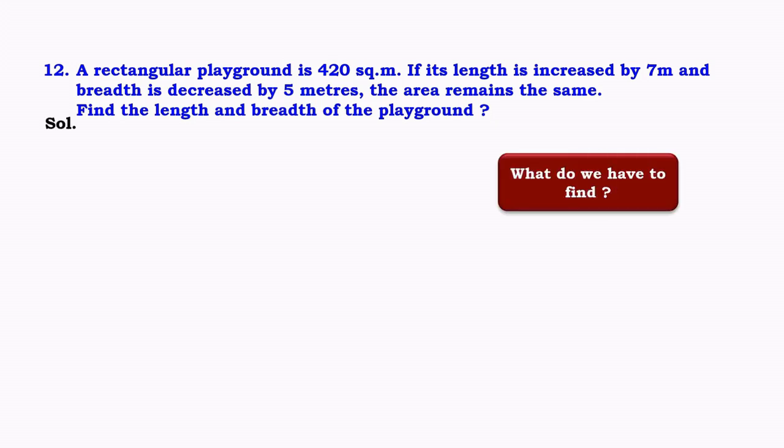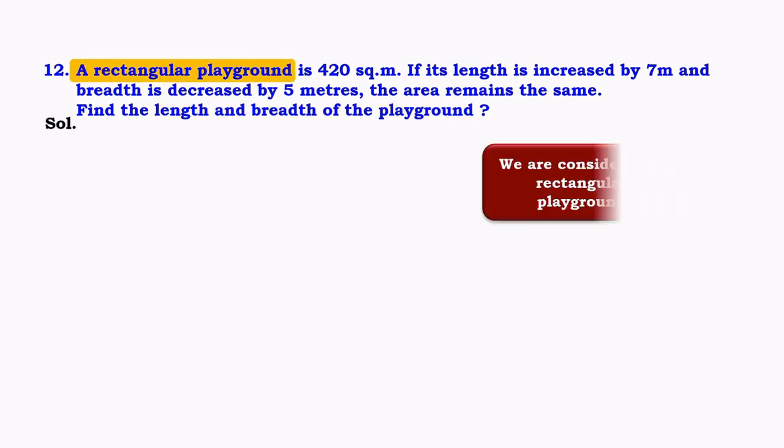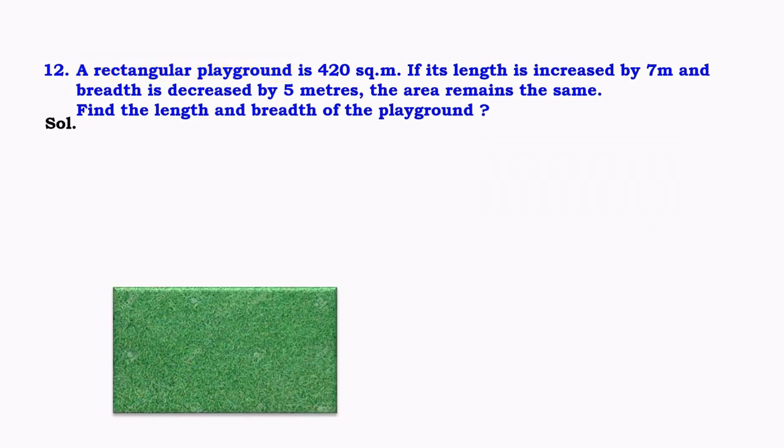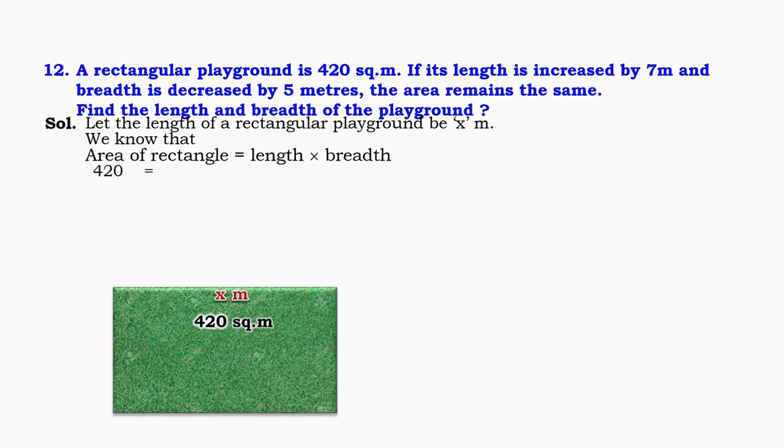We are required to find two unknown quantities: the length and the breadth of the rectangular playground. Since the playground is rectangular, let us assume the length to be x meters. Using the given area, we shall express the breadth in terms of x. We know that area of a rectangle equals length multiplied by breadth.